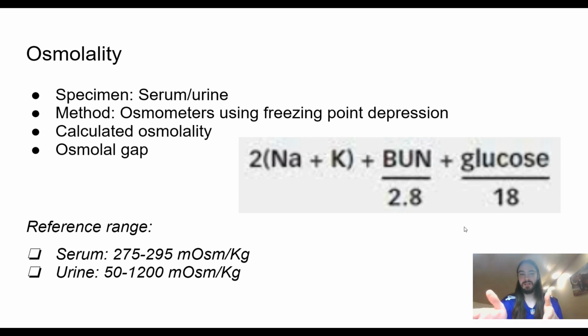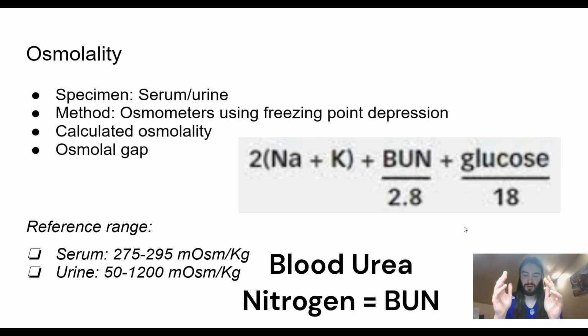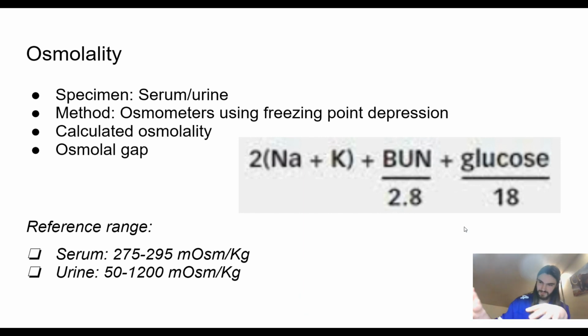There's a couple of different versions of this equation. Some versions, instead of a 2 multiplied by the sodium and potassium, the cations, would use 1.8, and then at the end of the equation they would add 9. They also sometimes add ethyl alcohol, so you see blood urea nitrogen, glucose, and then ethyl alcohol as part of this.